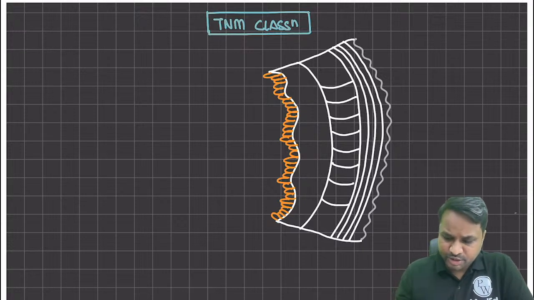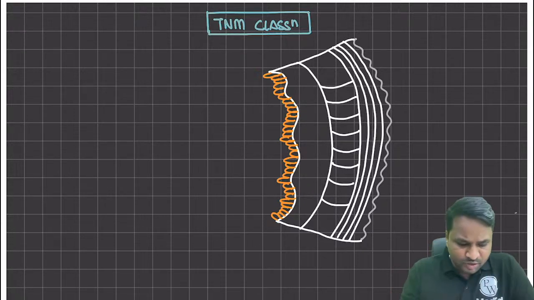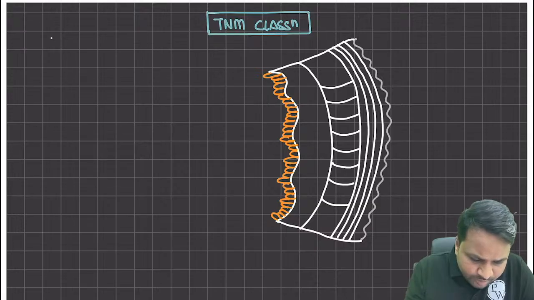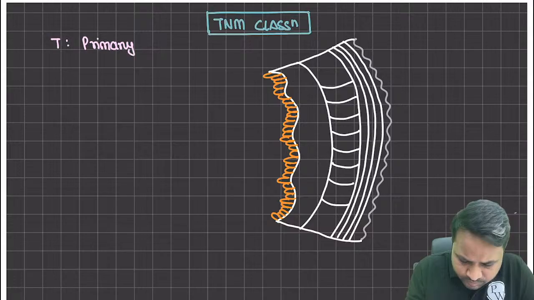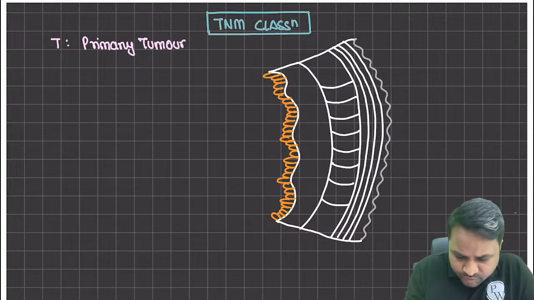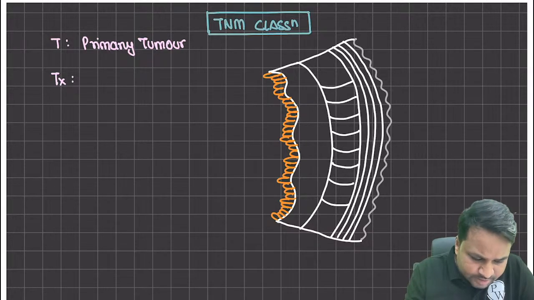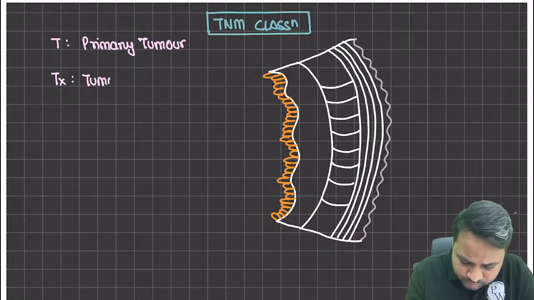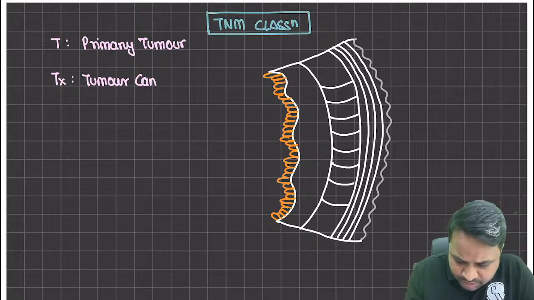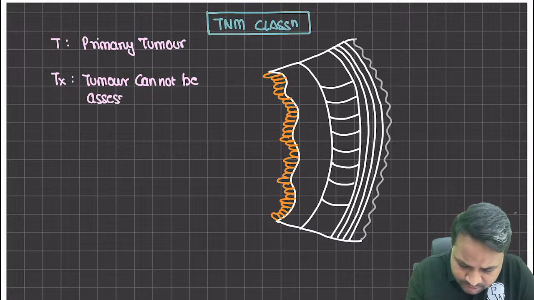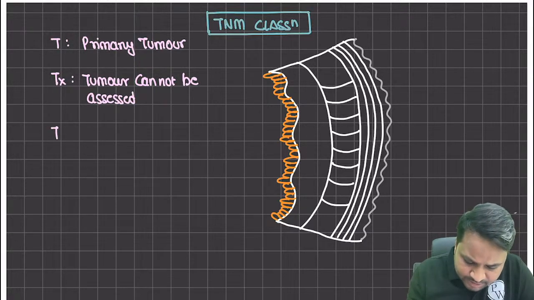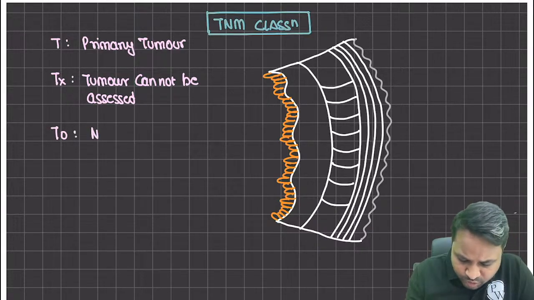Now in the TNM classification, we'll start with the T stage first. T is based upon the primary tumor. It is for the state of your primary tumor. We have TX, where the tumor cannot be assessed. Then T0, there is no evidence of primary tumor.